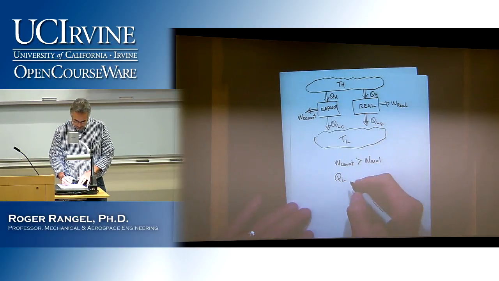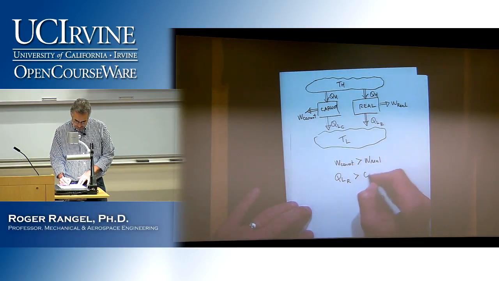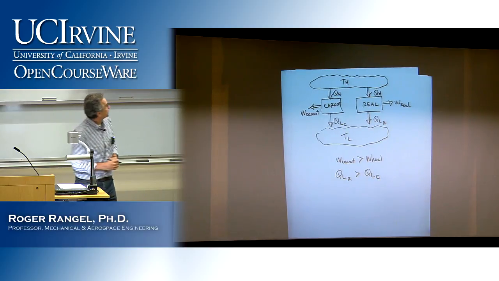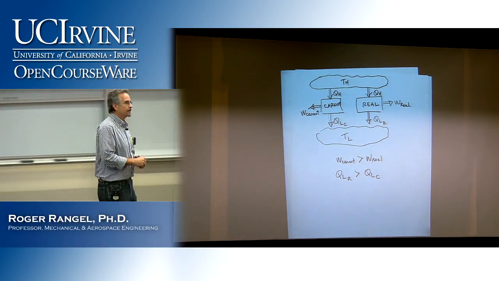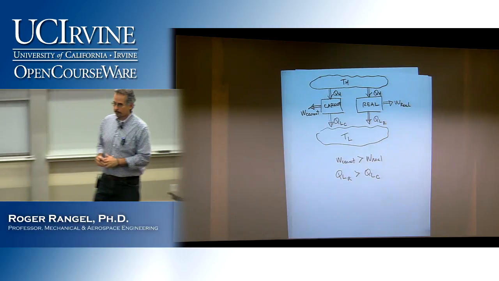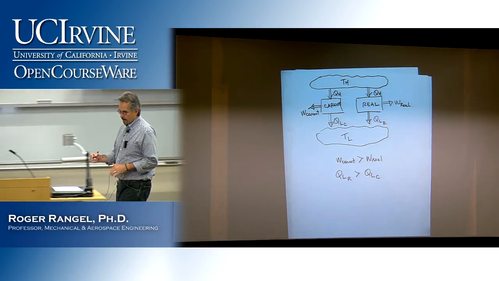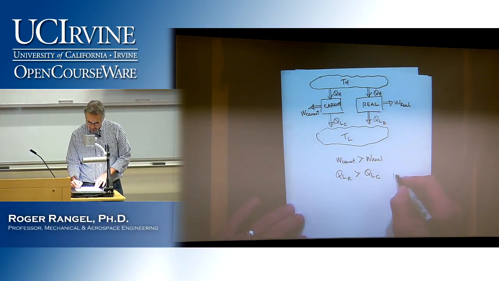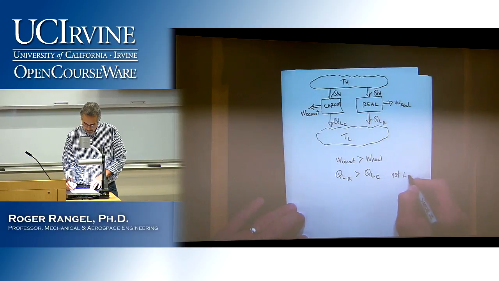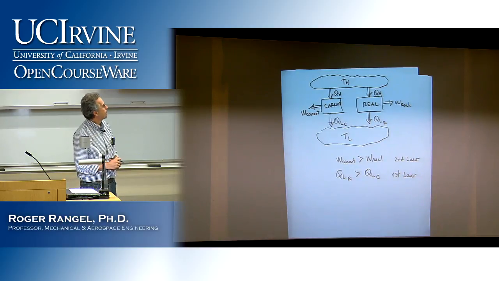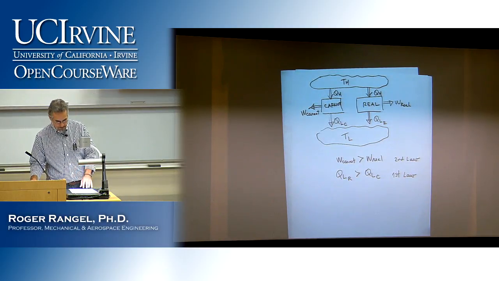So QL real is greater than QL Carnot. All right? This result is from the first law. And of course, this one is the second law. All right, so now let's answer this question.